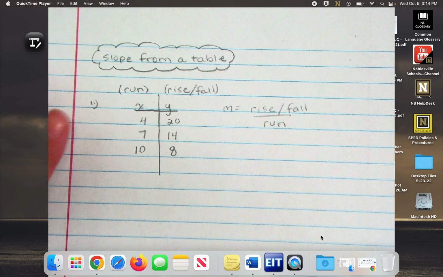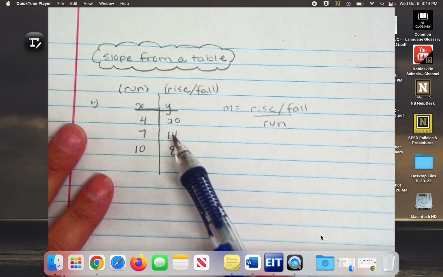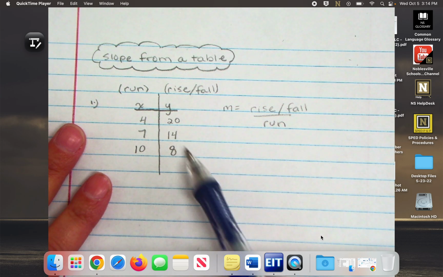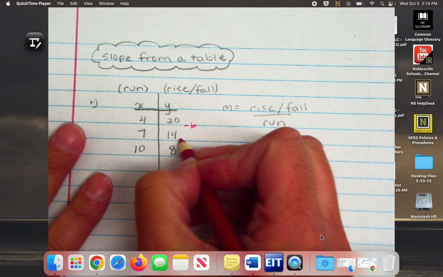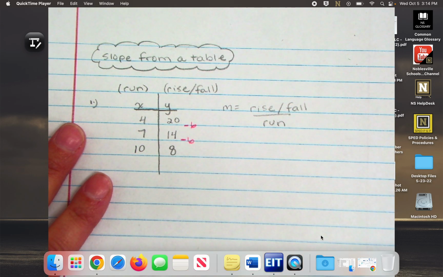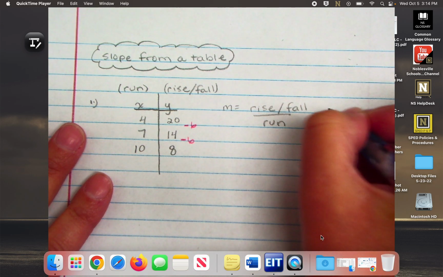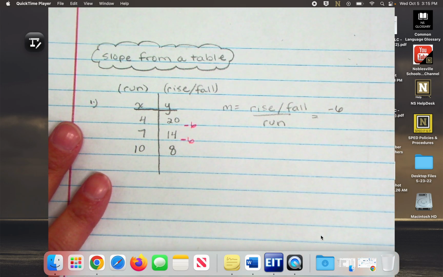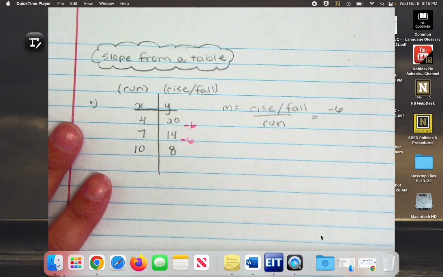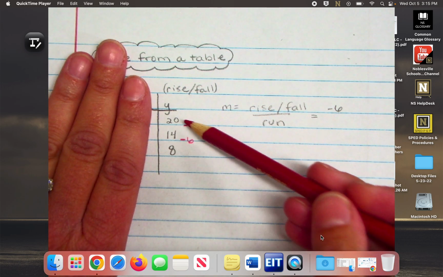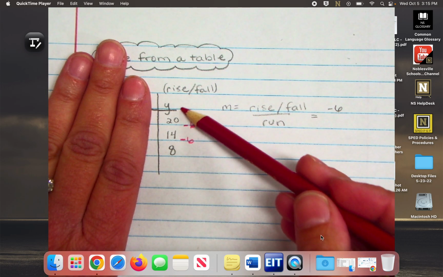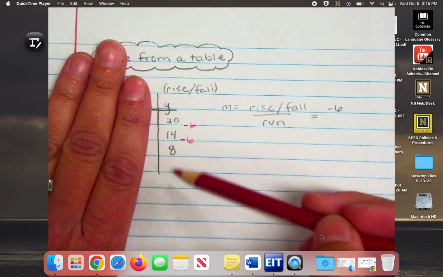So we're going to find what's the change in our rise or fall. -6. So my numerator is going to be -6. I'm just looking at the y values.